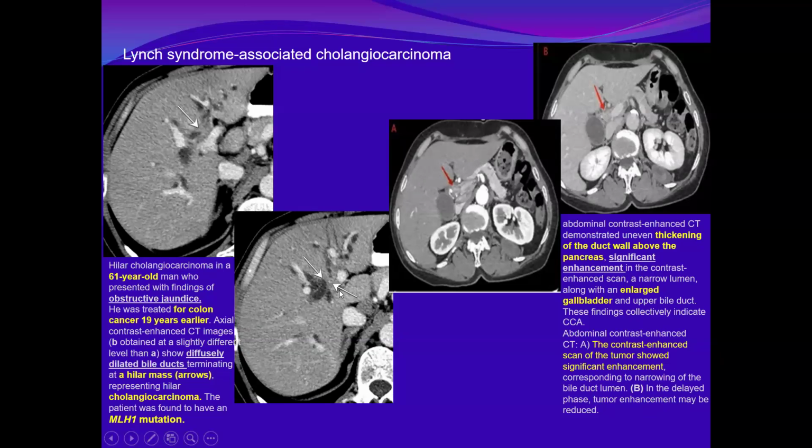Also at the bifurcation here, or the hilum, with intrahepatic bile duct dilatations: hilar cholangiocarcinoma in a 61-year-old man who presented with obstructive jaundice. He was treated for colon cancer 19 years earlier.